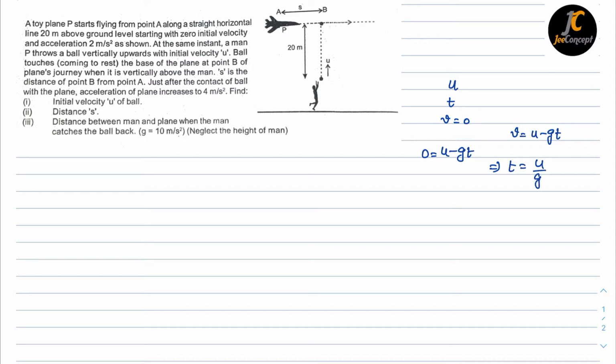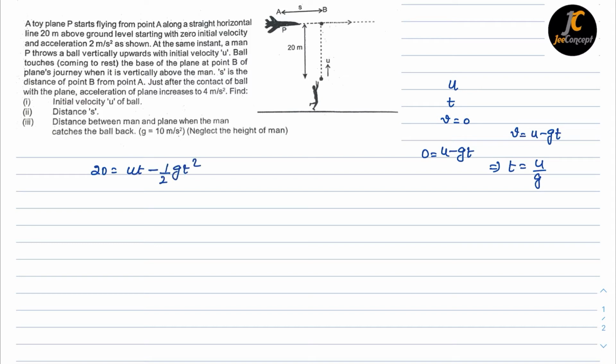And also in this particular time t, the ball has to move 20 meter upward, right? So we can also write the equation of motion as 20 is equal to ut minus half gt square.